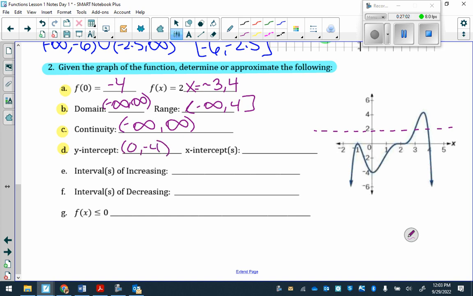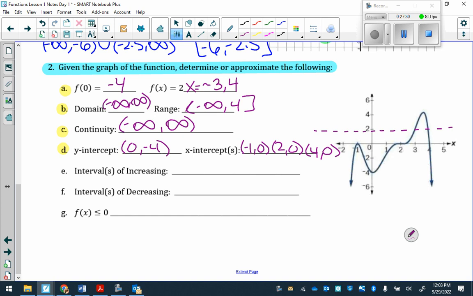How about the x-intercept? Okay, Jules? -1. Good. Awesome. You could have more than one x-intercept. There's only one y-intercept.